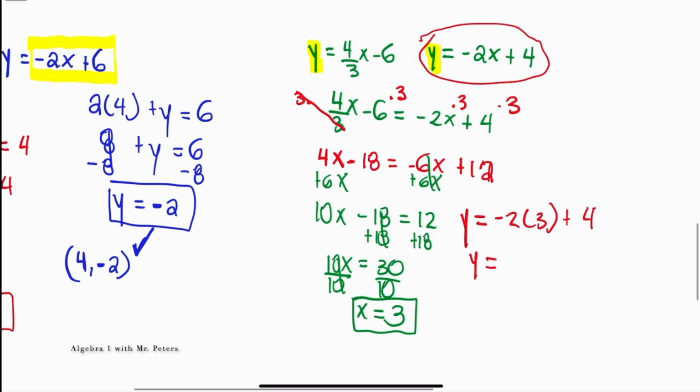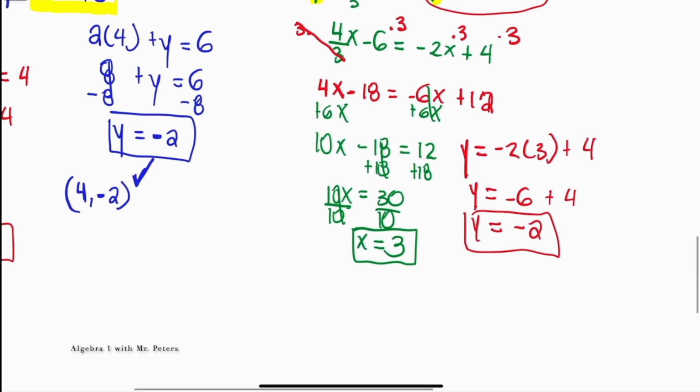So y is equal to negative 6 plus 4. Y is equal to negative 2. So the solution to this last problem in systems of equations is going to be the ordered pair 3, negative 2. Please be mindful of this type of substitution problem because they will ask you and it's not always as obvious compared to when we have it in standard form.